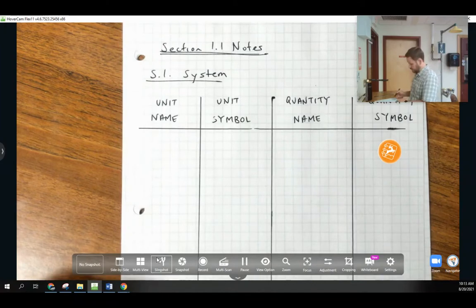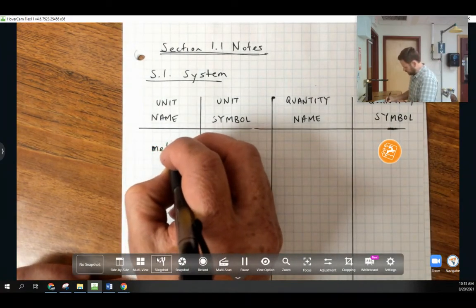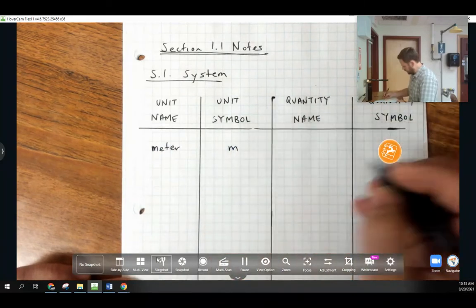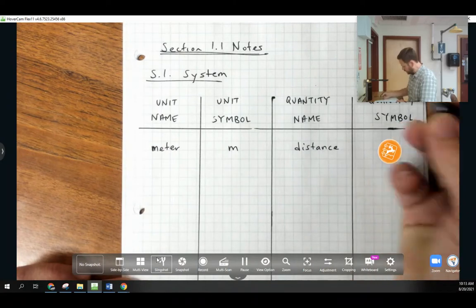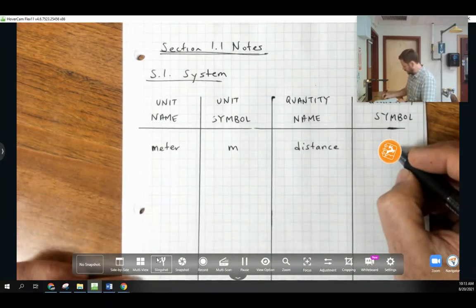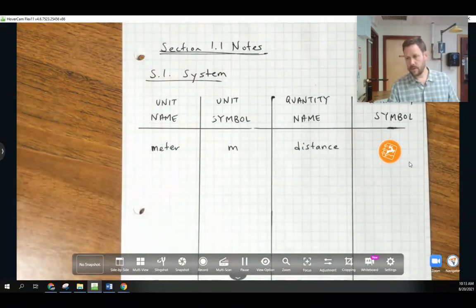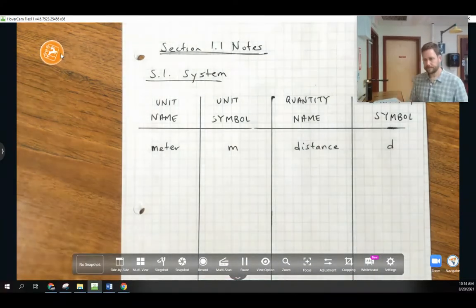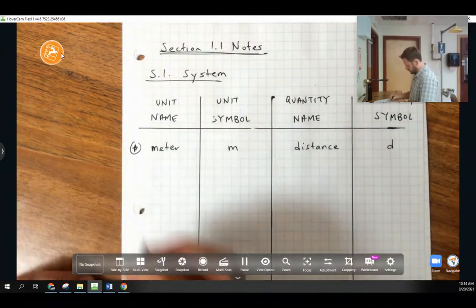And one of them is the meter, which is the base unit for distance. Its symbol is a lowercase letter m. We measure distance or length, if you prefer, in meters, and we use the letter D or the letter L for length or distance. And that's one of the ones that we're going to want to memorize.